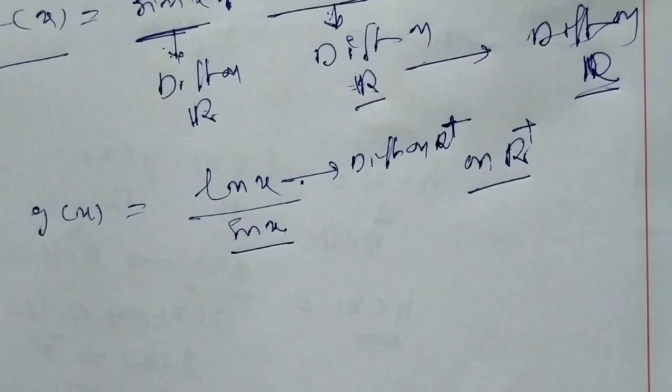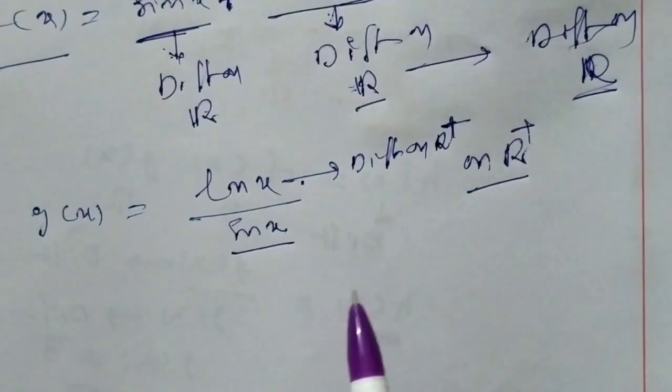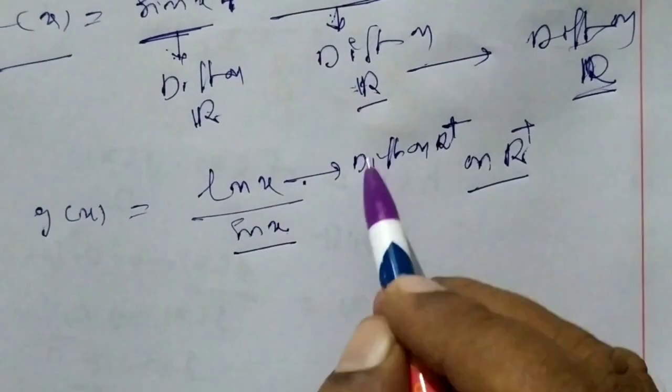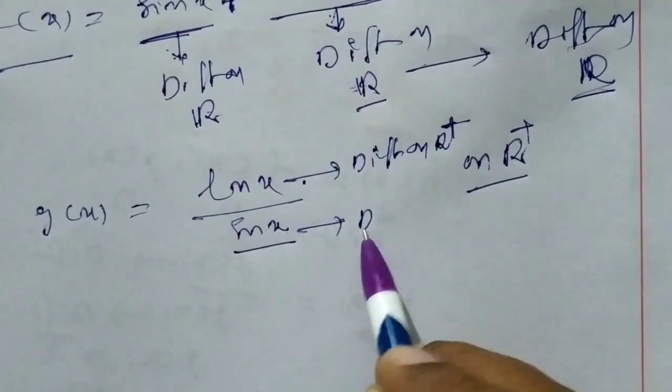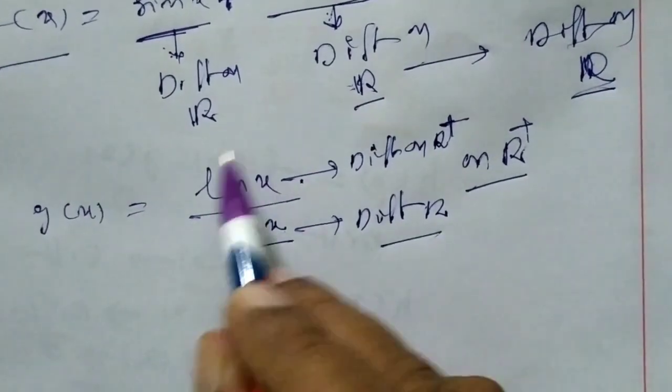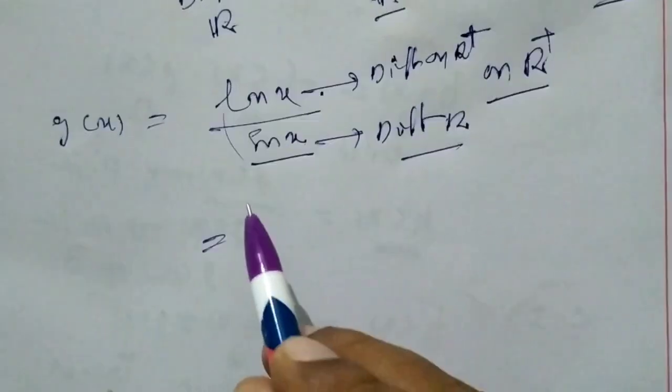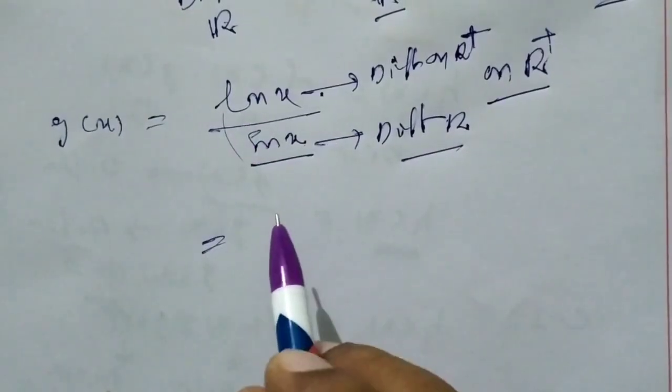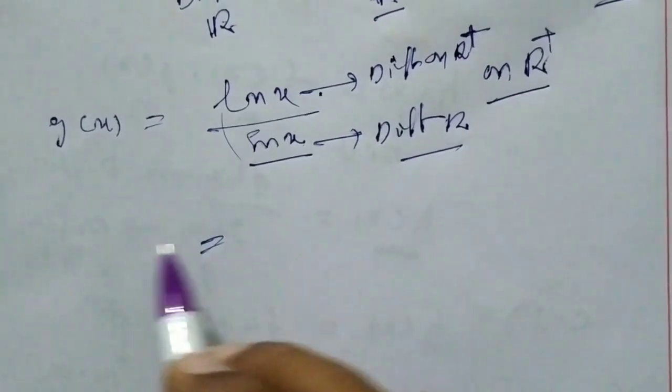differentiable, and sin x is differentiable everywhere on R. Therefore the resulting function g of x, equal to ln of x by sin x, is also differentiable.